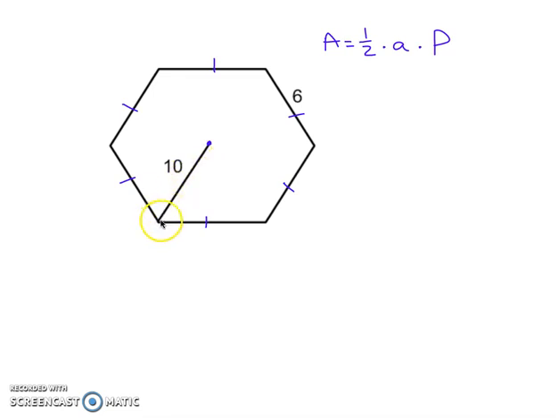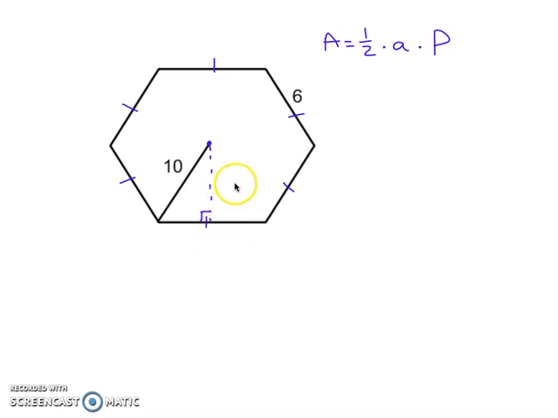So we know we can't use that as our apothem, that's actually the radius. So this is not our apothem, so what we have to do is draw a dotted line and create your own apothem. So we could draw a dotted line right here and create our little 90-degree angle.